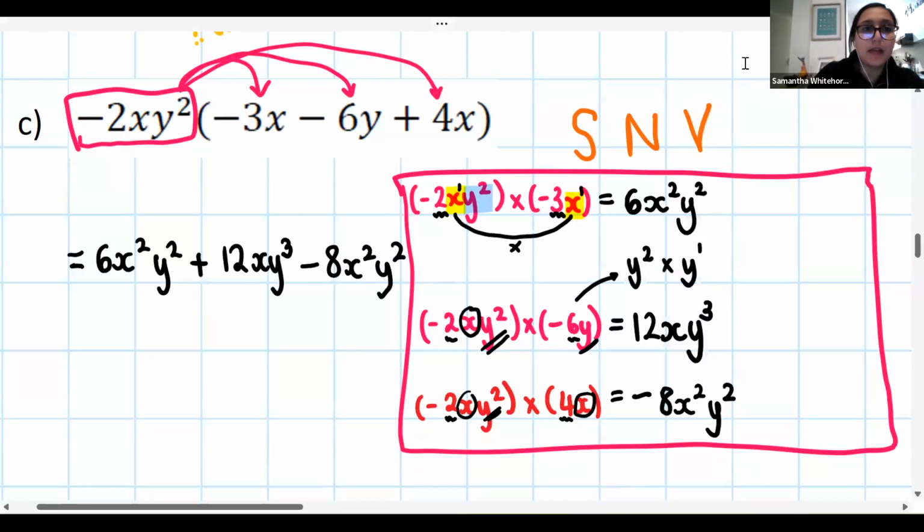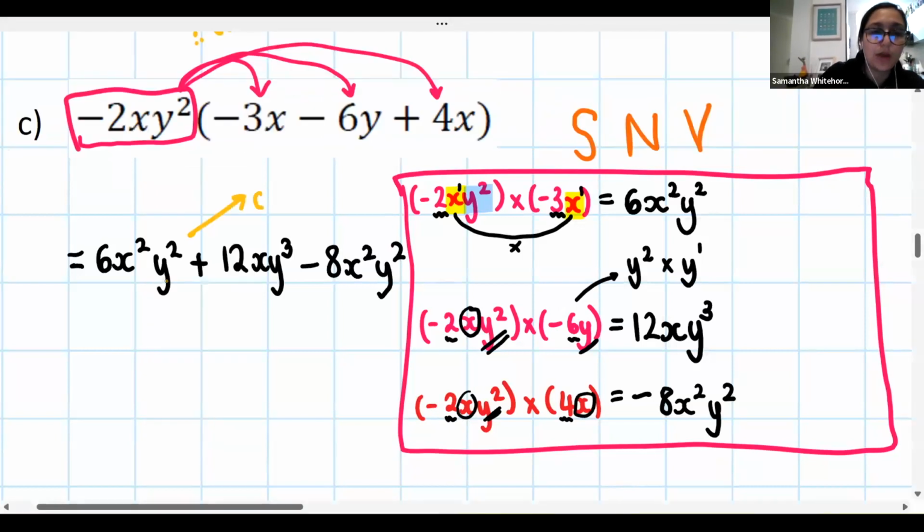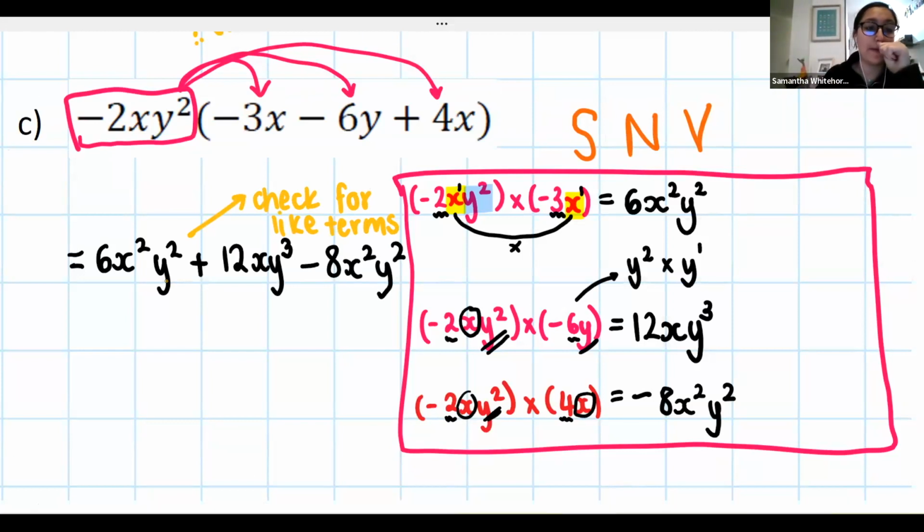And remember, like I say, you always need to check for like terms. So our next step now is to check for like terms. Hopefully what we're seeing is that we do have like terms. Remember, according to our definition, like terms have the same exponent and the same variable. So all of these terms have an x and a y in them, but not all of the exponents are the same.